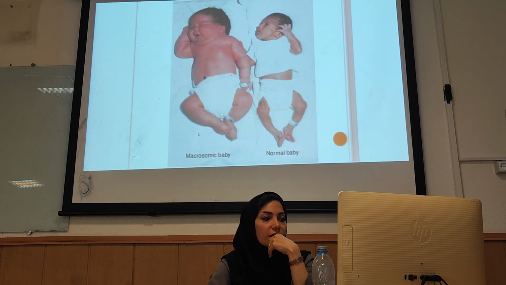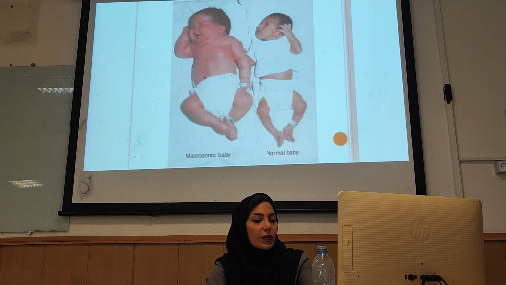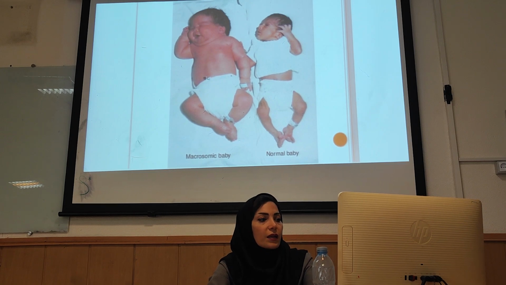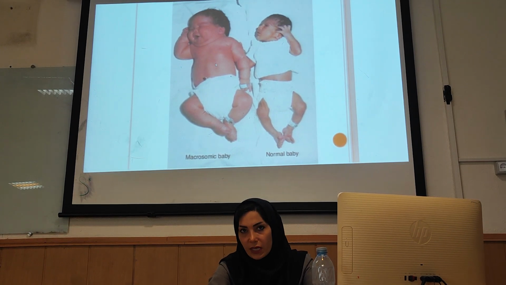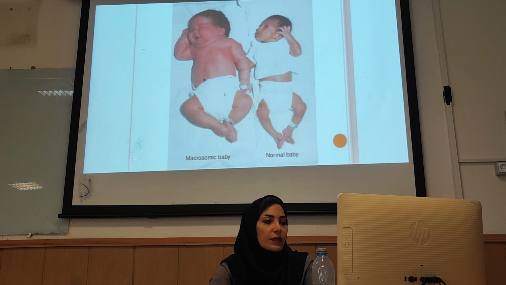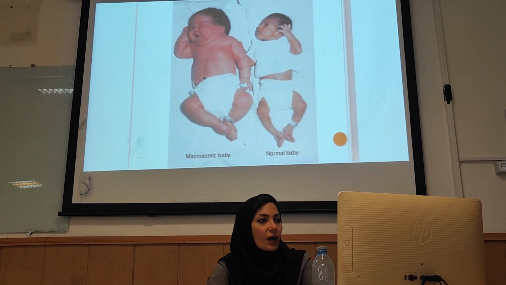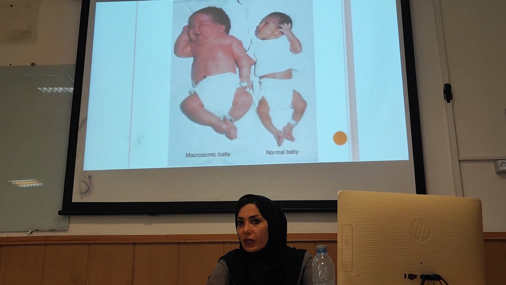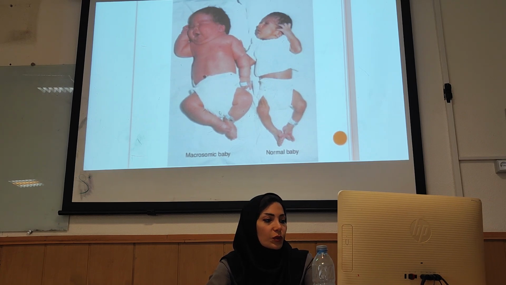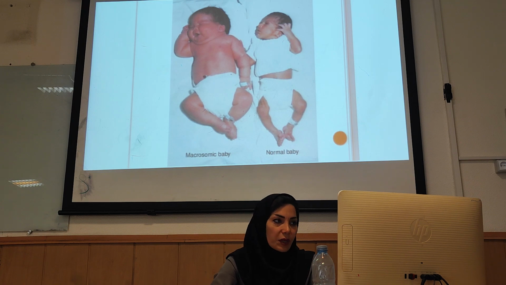This feature is because of the presence of insulin, or hyperinsulinemia, in their blood, and lipogenesis, organogenesis more than normal status, so they are plump and large and pink because of hyperinsulinemia. And insulin is an anabolic hormone and can contribute to birth of the macrosomic baby.